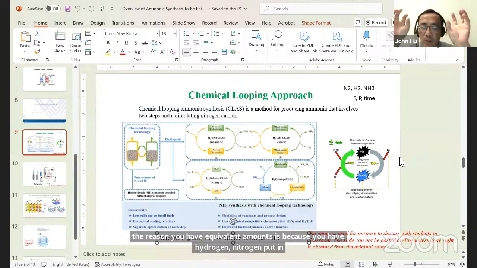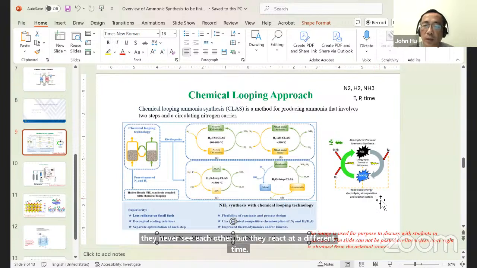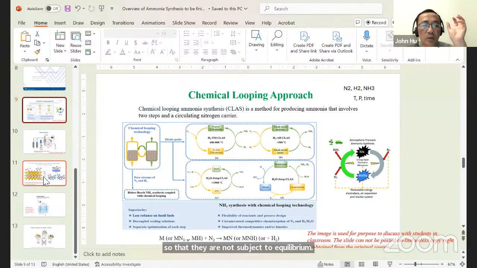By doing chemical looping, hydrogen and nitrogen are in different reactors and never see each other, but they react at different times. You follow me? So you use space and time to segregate this reaction so that it is not subject to equilibrium. This is how you break the so-called thermodynamics.